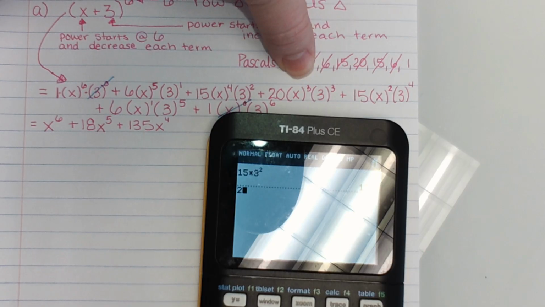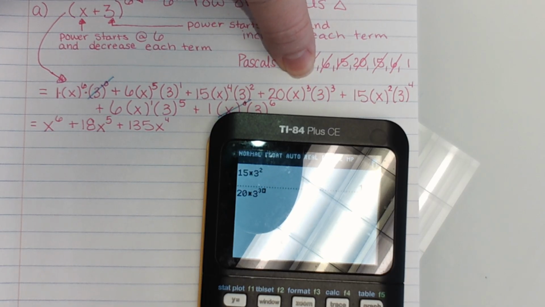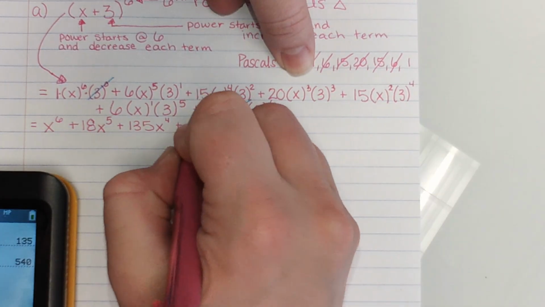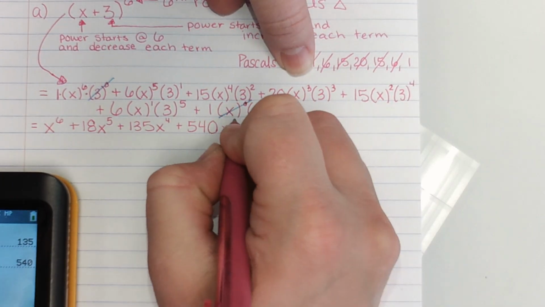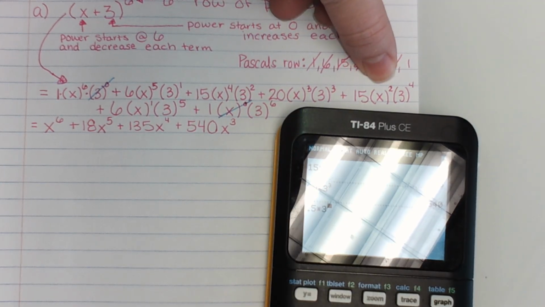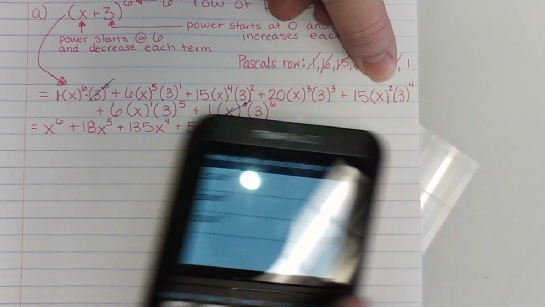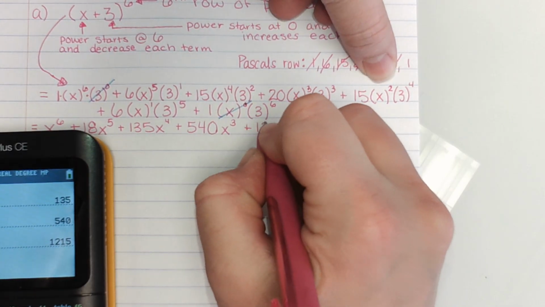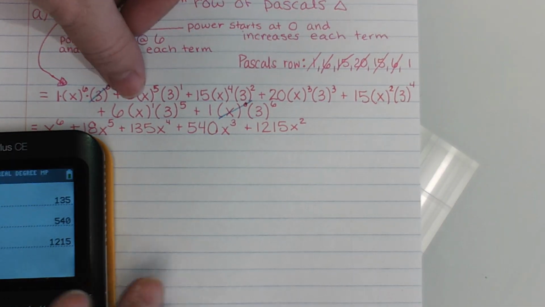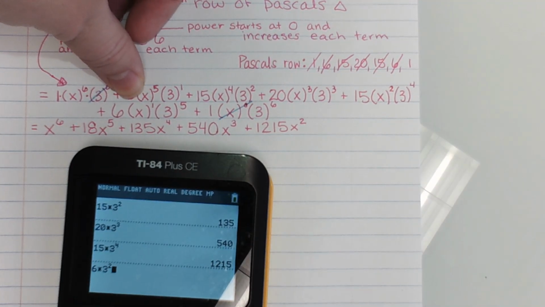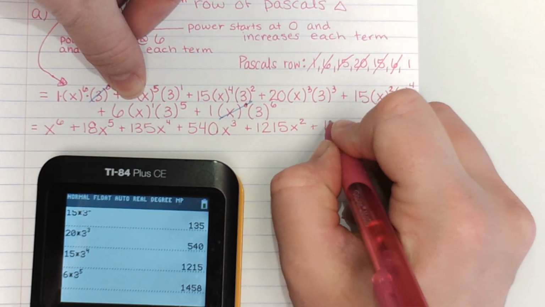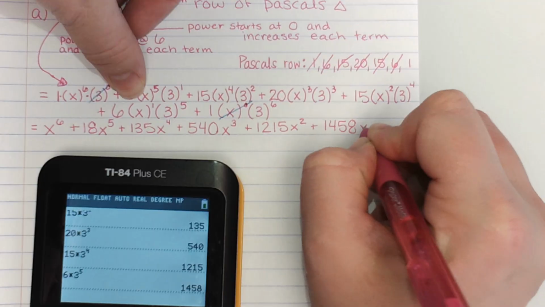Move on to the next one. 20 is getting multiplied by 3 to the power of 3. 540. x was cubed. 15 was getting multiplied by 3 to the power of 4. 1,215. x was to the power of 2 on that term. 6 was getting multiplied by 3 to the 5th power. 1458. x was to the 1st power.